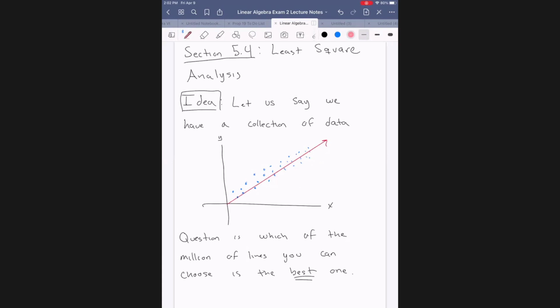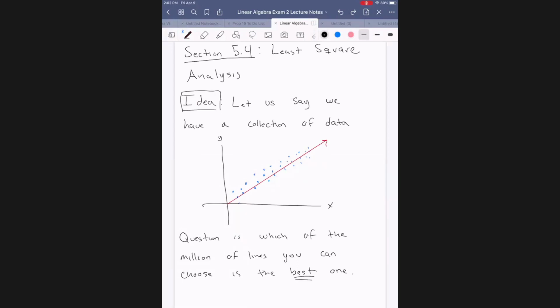So you wouldn't want a line that's like over here, right? Because then the distance from those top points would be very big. You want one where the average of the distance of every point to the line is as small as possible. So that would be the best line in that scenario.